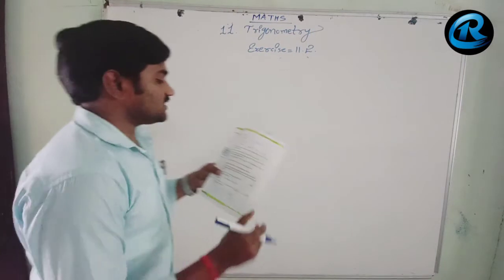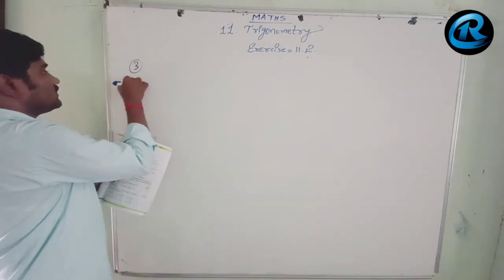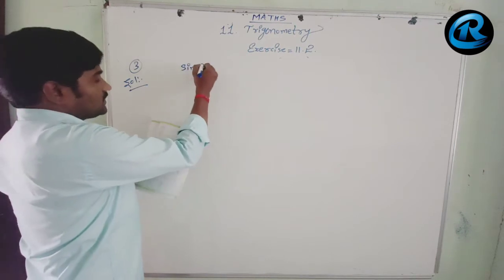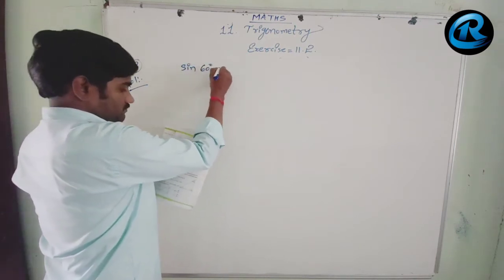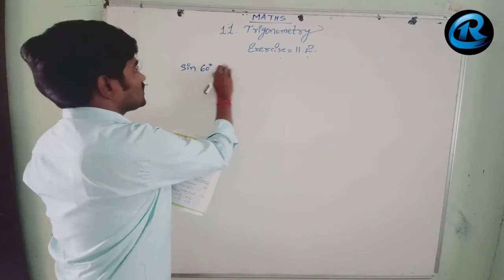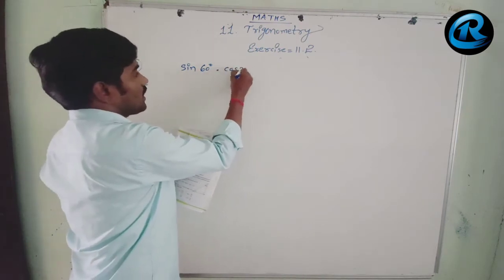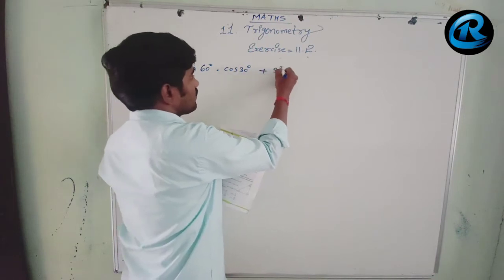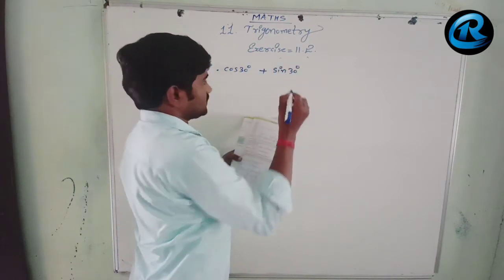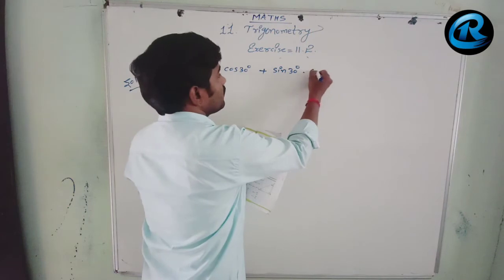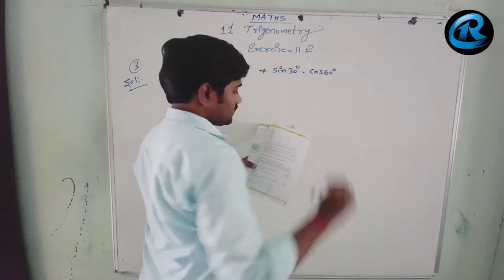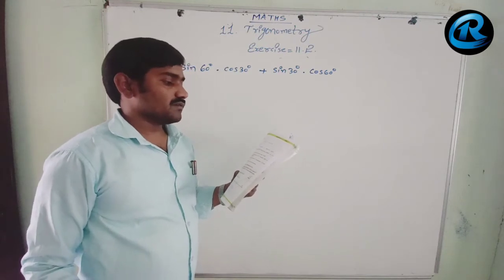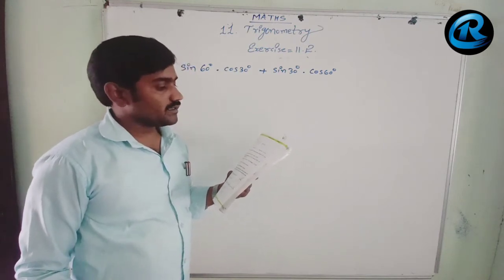Evaluate sin 60 degrees into cos 30 degrees plus sin 30 degrees into cos 60 degrees.